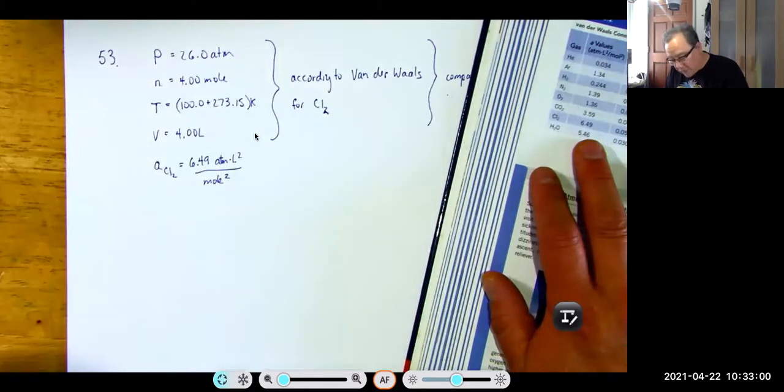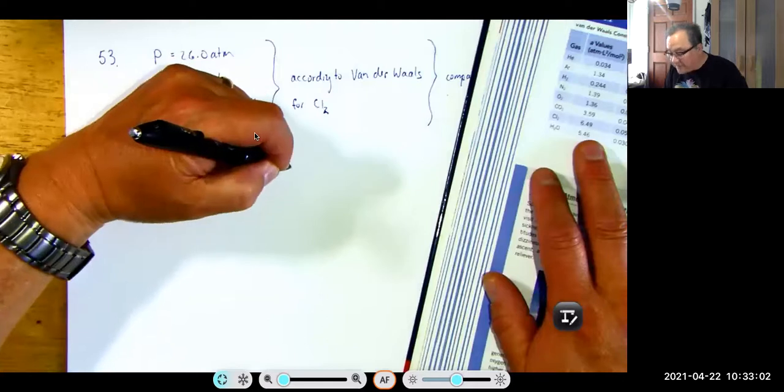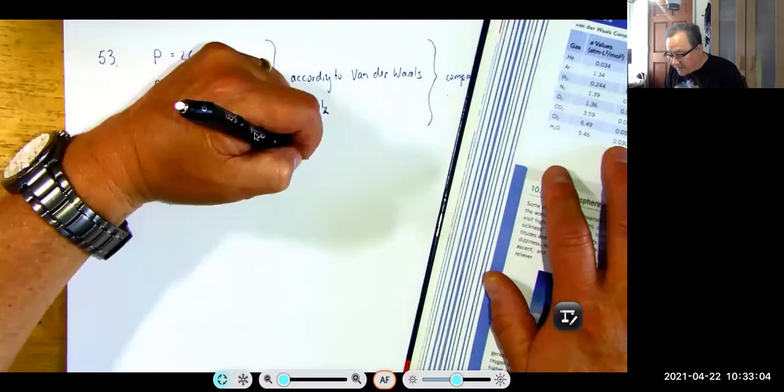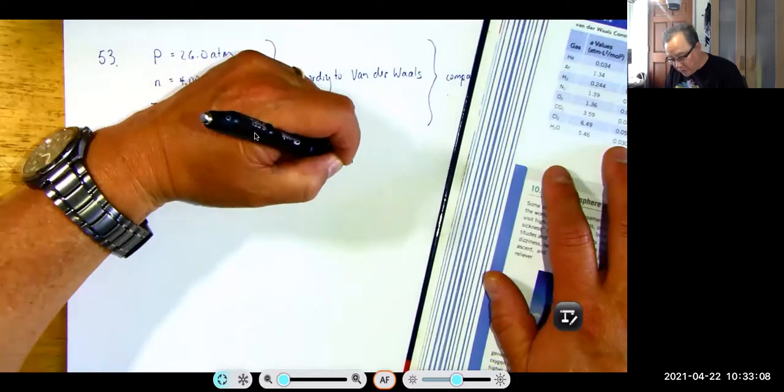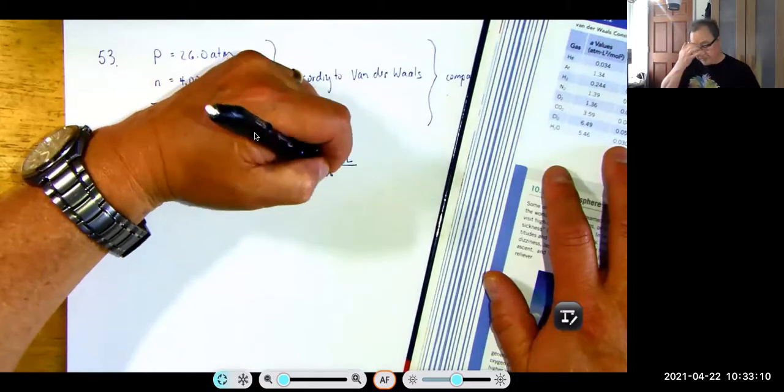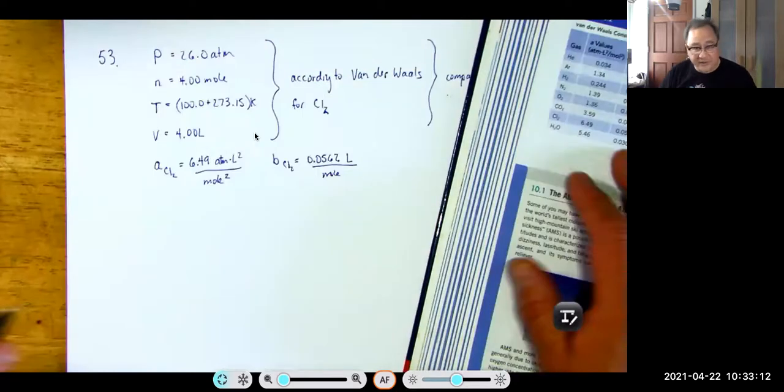And the B for chlorine is 0.0562 liters per mole. So I'm actually including the units this time.